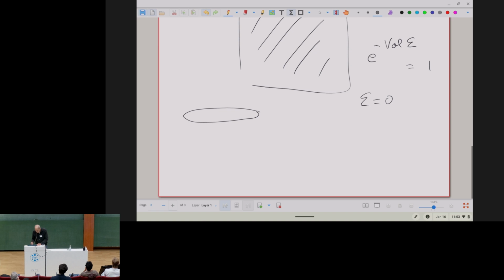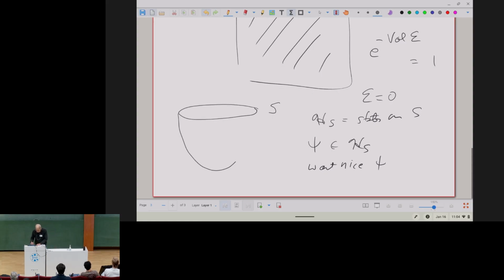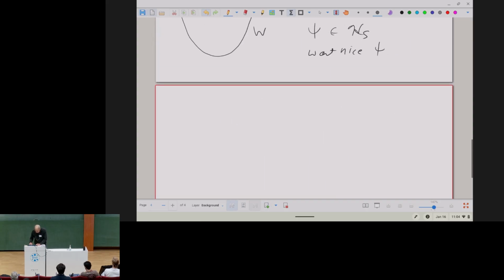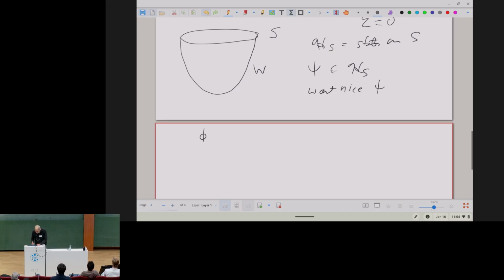If you have any manifold S, then there's a Hilbert space of states on S. And a lot of times, you want to construct a nice state in this Hilbert space. A standard way to do that is to pick a manifold W whose boundary is S. Then let's say phi W is a field on W. Phi S is a field on S. Well, okay.